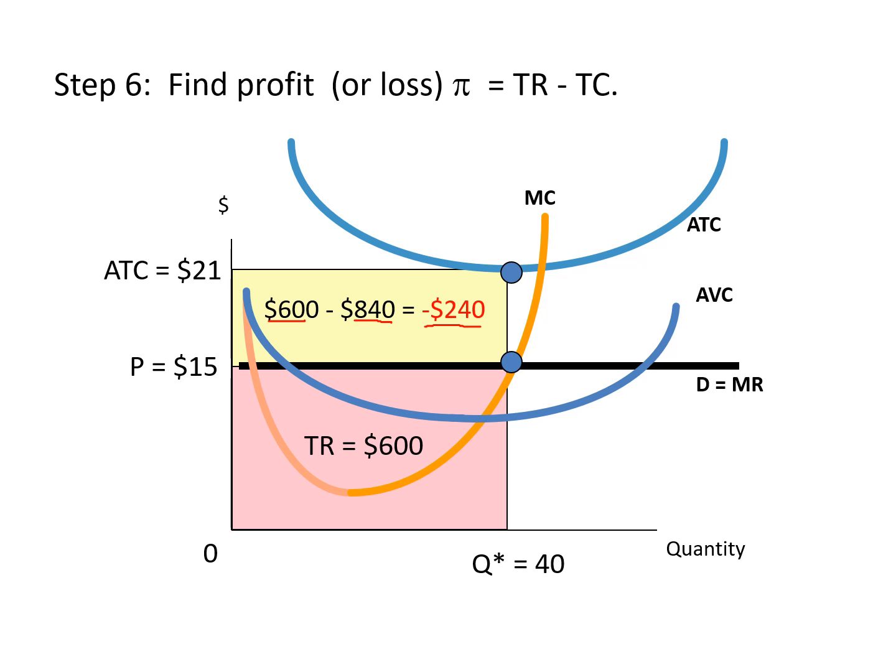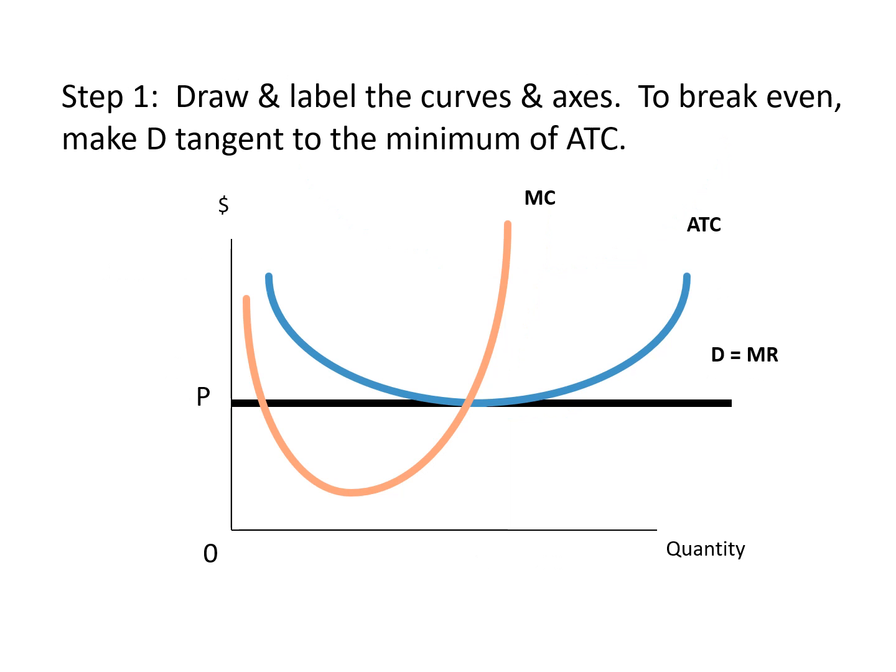of $240. Now we've mentioned that what we expect to see in a perfectly competitive market over the long run is that firms break even when we graph their average total cost curves as including opportunity costs.